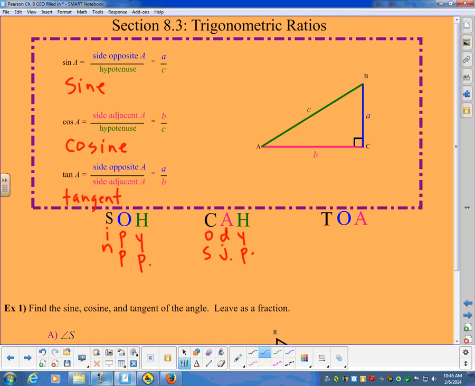So the order matters on this little acronym. And the last one, tangent, is defined to be the length of the opposite side from angle A over the length of the adjacent side from angle A. So that's a little acronym to help you remember these three trig ratios.